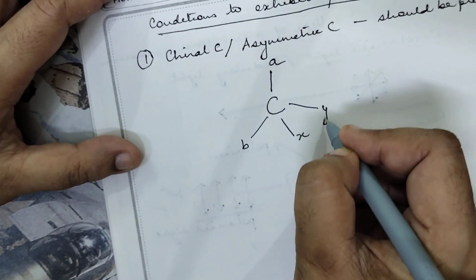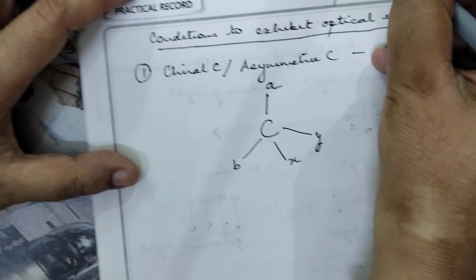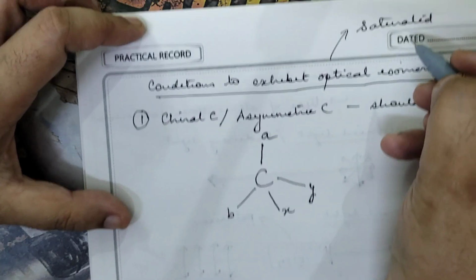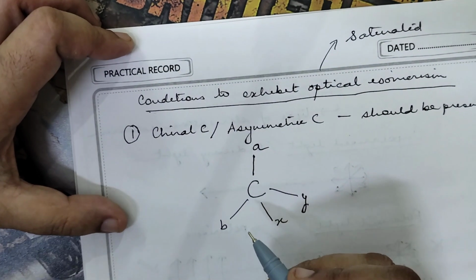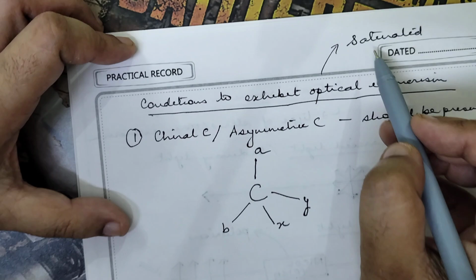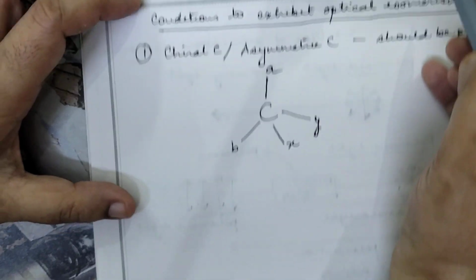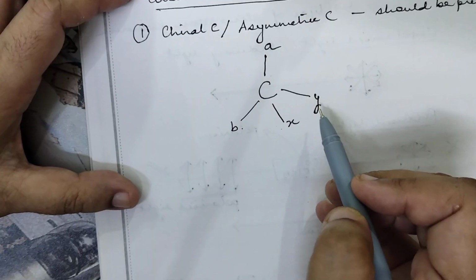Optical isomerism is shown by saturated compounds only, that is, the carbon should form 4 single bonds. Geometrical isomerism is shown by double bonded compounds, and optical is shown by saturated ones. That is, each carbon forms 4 single covalent bonds.